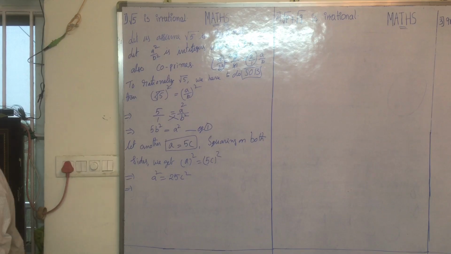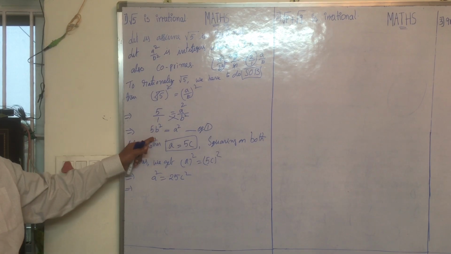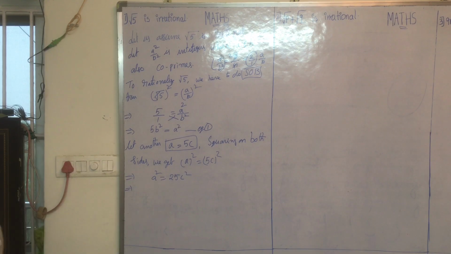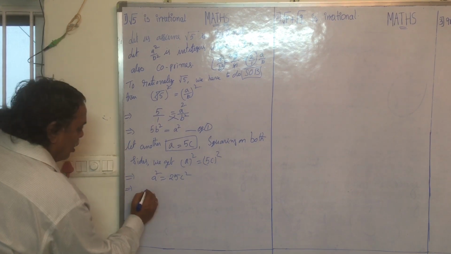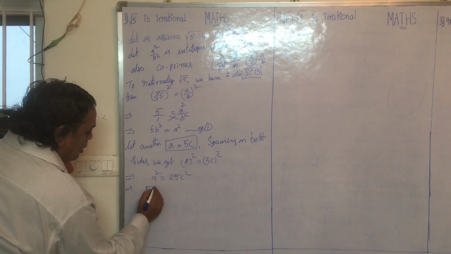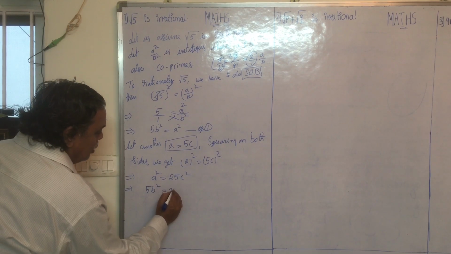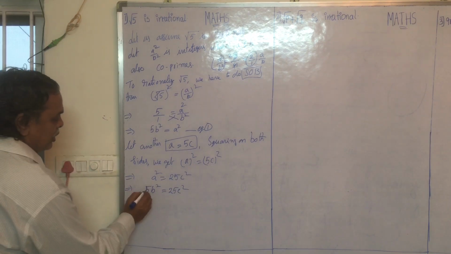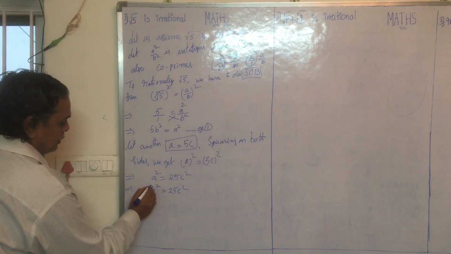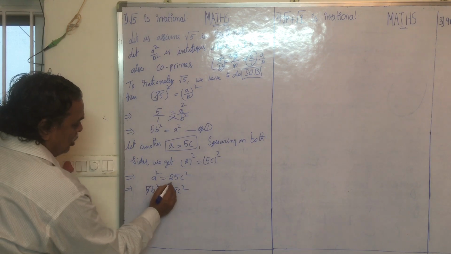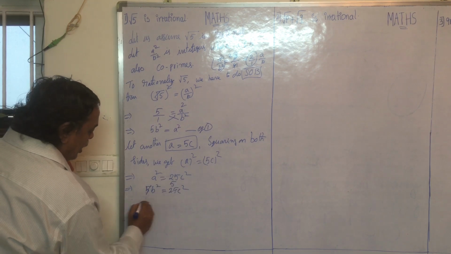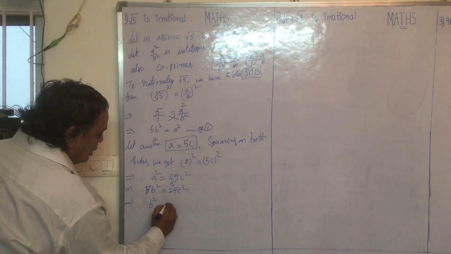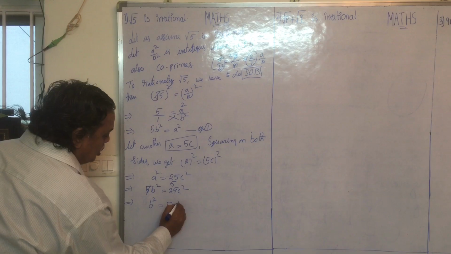a square is equal to 5b square, we get it. In the place of a square, we substitute this 5b square. 5b square is equal to 25c square. 5 times so much? 5 times 5 is 25. So b square is equal to 5c square.